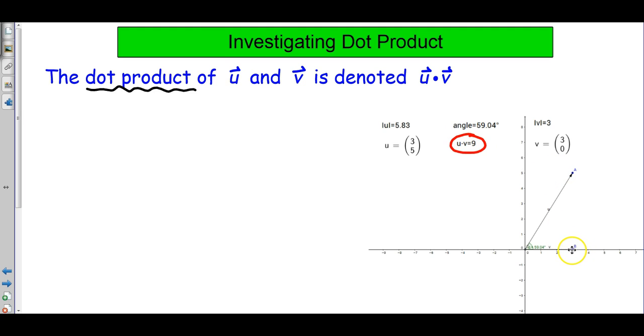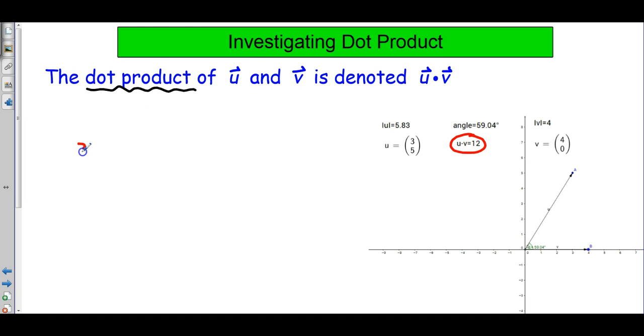What we're going to do is slide these vectors, change these vectors around a little bit. First thing I'm going to do is take vector B and slide it out to about 4, 0. So I've taken that vector and slid it out, essentially just made it longer, or increased the magnitude of it. Let me write these results over here.